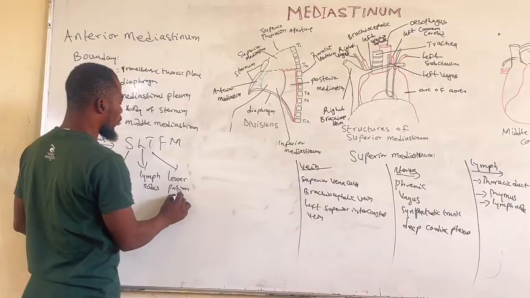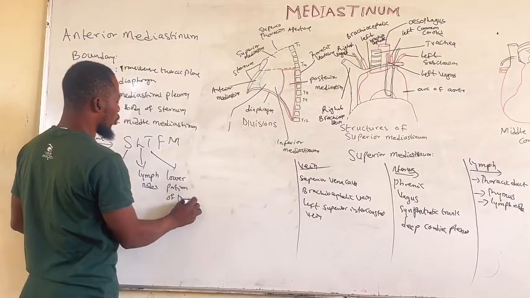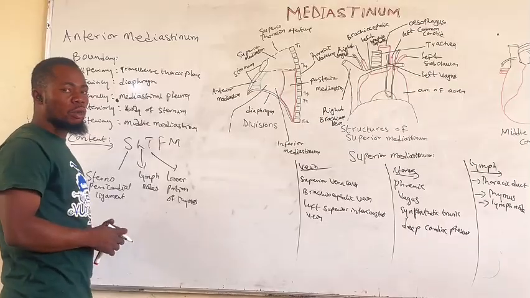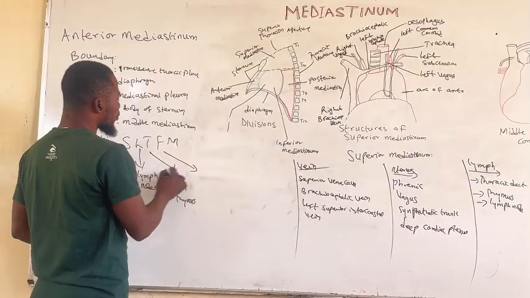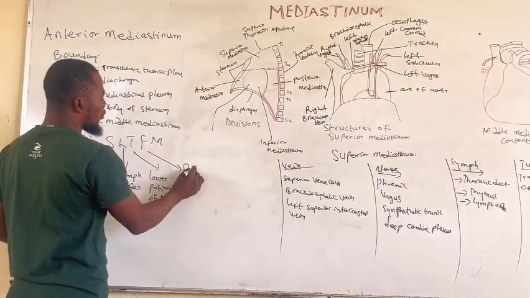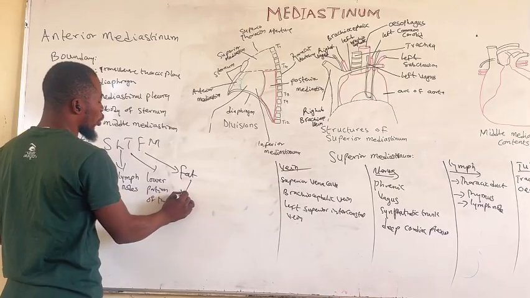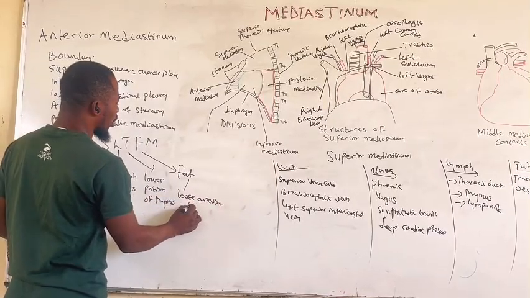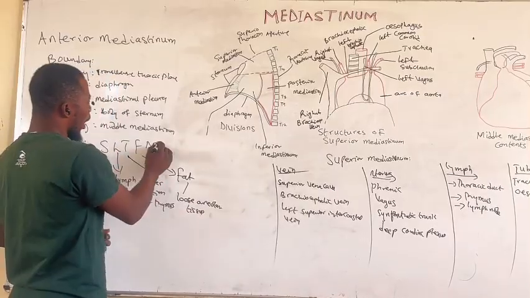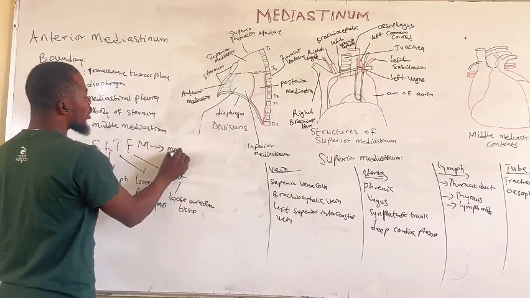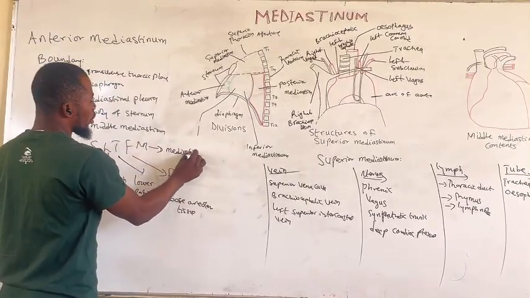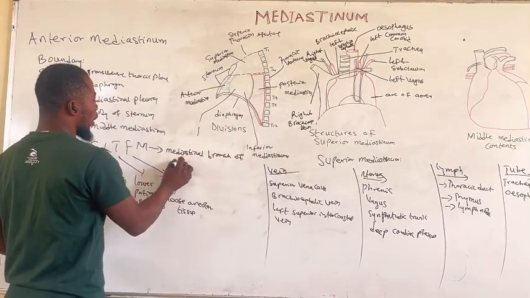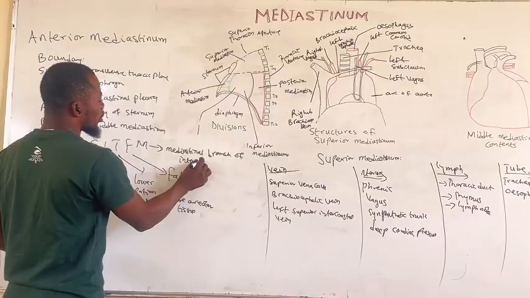The F here is fat, which is loose areolar tissue, and the M is the mediastinal branch of the internal thoracic artery.